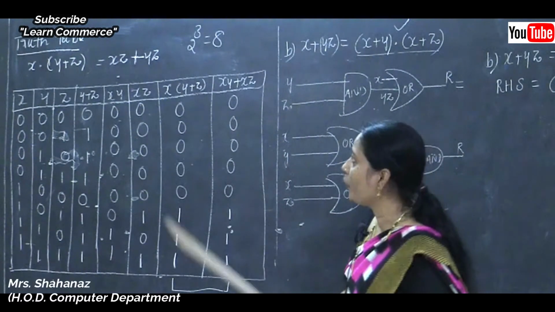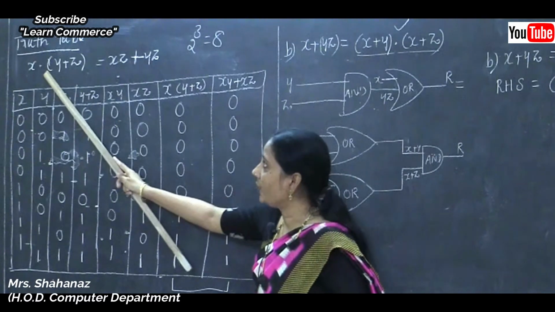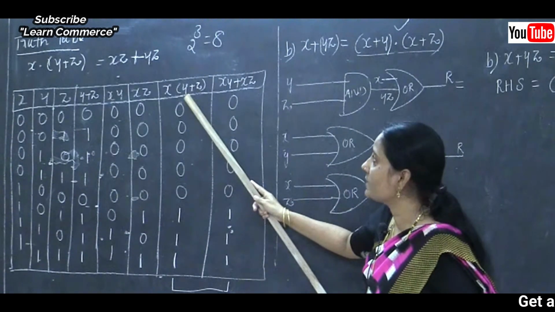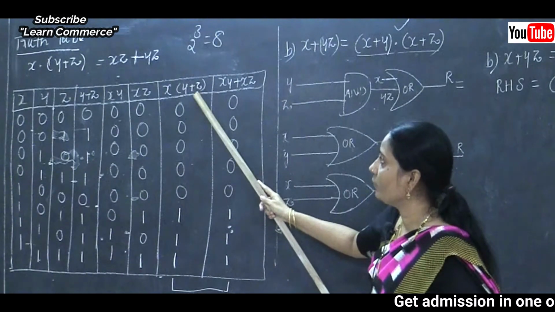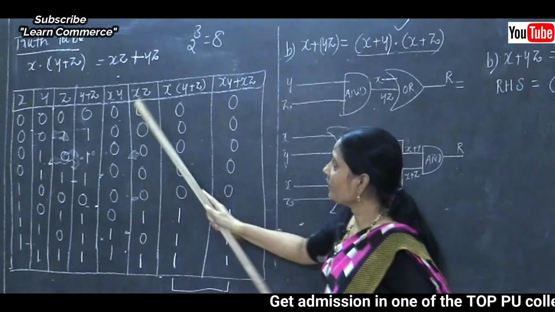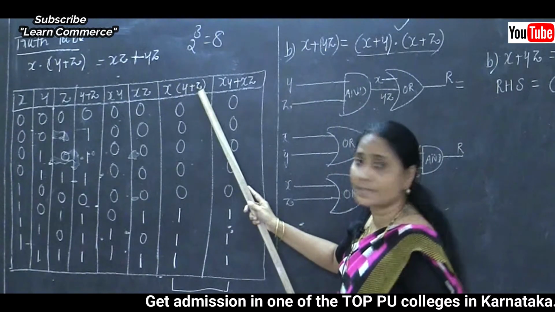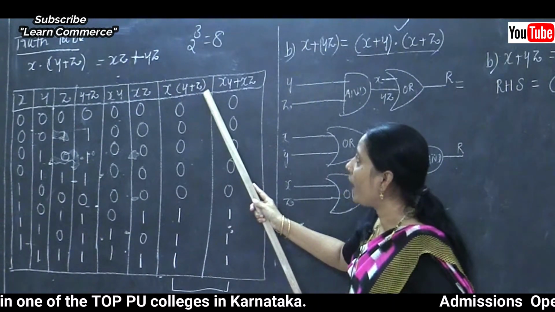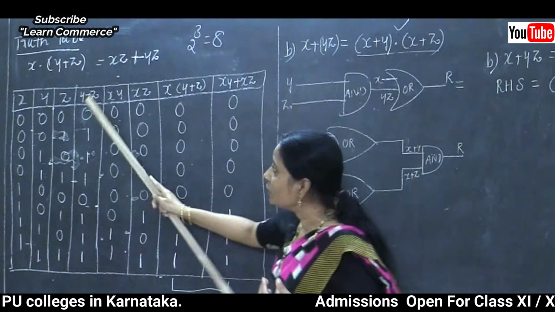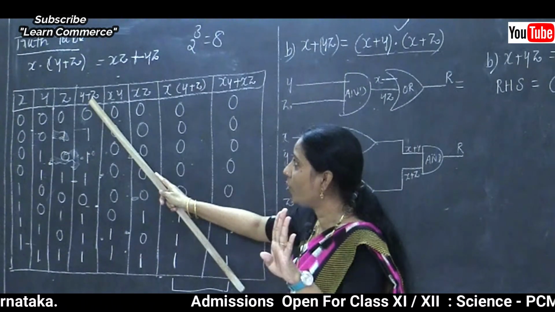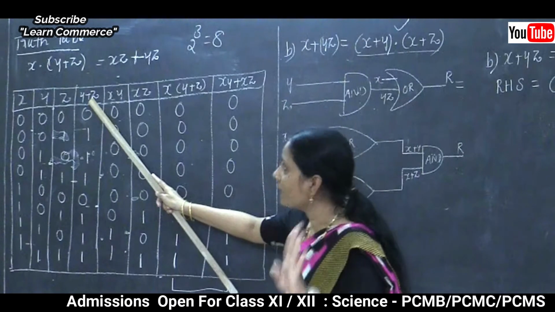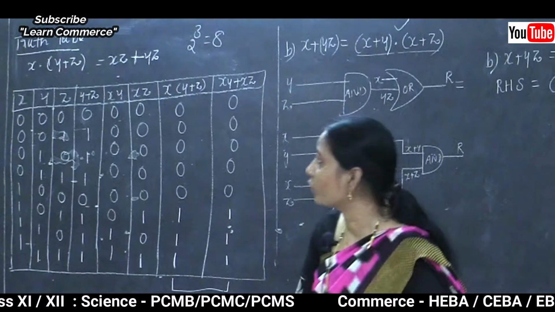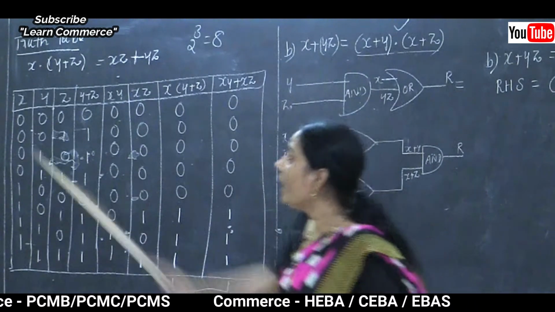Now I am going to take the left hand side expression. Which value is there in our left hand side? The value is x(y + z). Which columns do we need? First of all we take the fourth column, which is y plus z, and we multiply it with the first column.